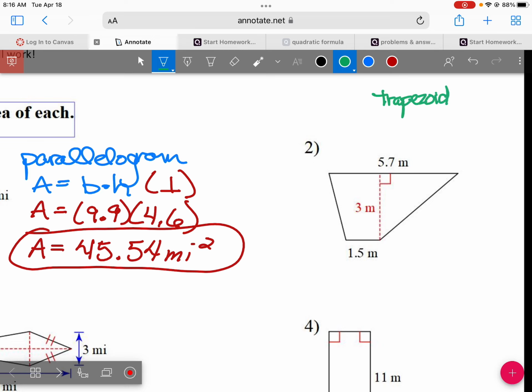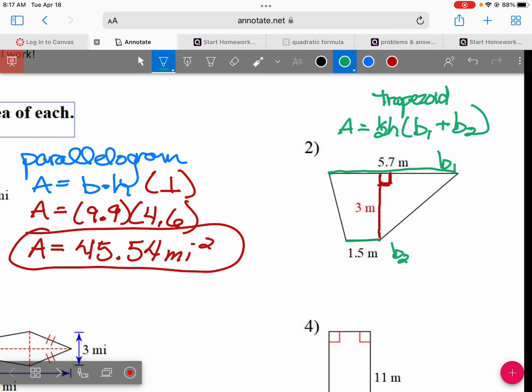It's got 2 bases. Usually we talk about base 1 on the top, base 2 on the bottom, and the height is the perpendicular distance in between, meaning it forms a right angle. So area of a trapezoid is 1/2 times the height times the sum of the bases. So we are adding the length of the bases.